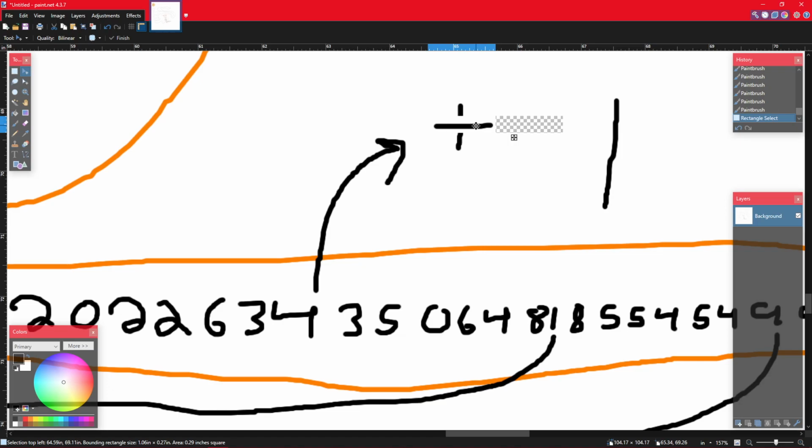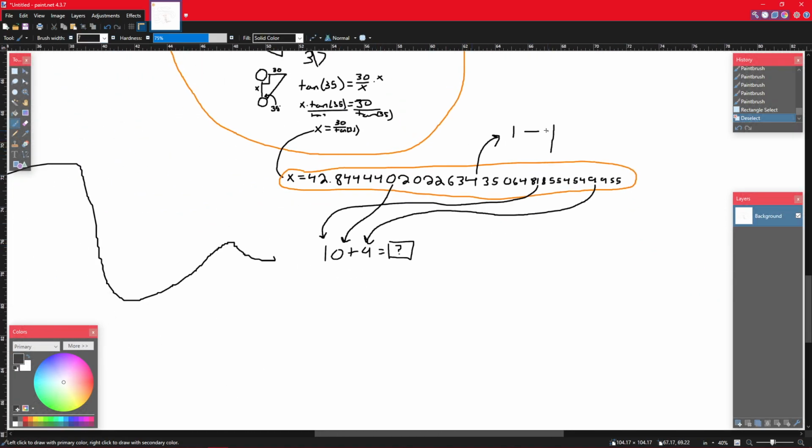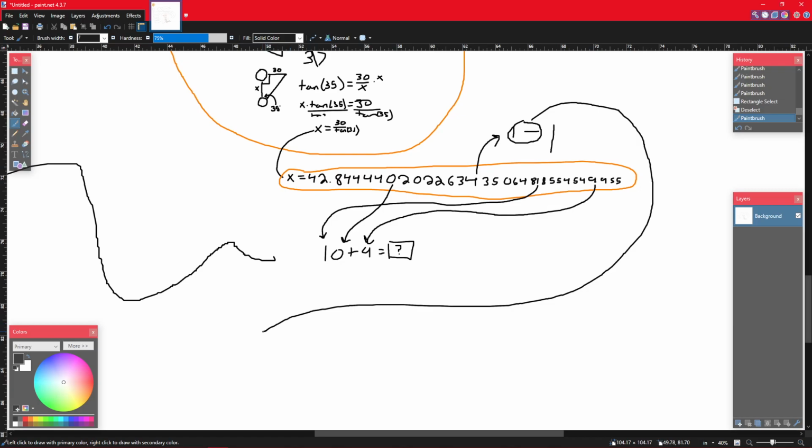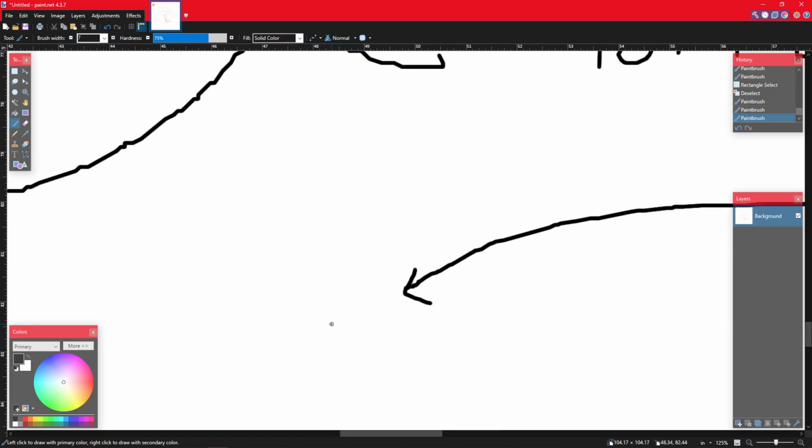Guess what? Forms a perfect plus. So, if we take these 2 and bring it down here, and we run a special function, we can run the cos, tan, sin function.